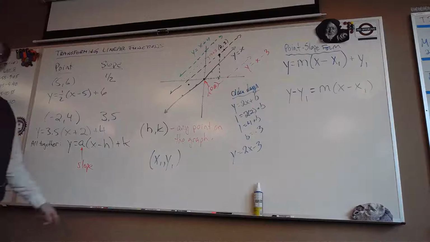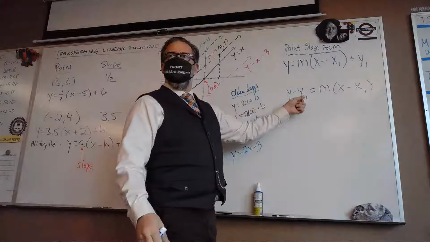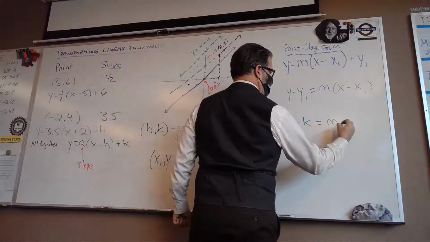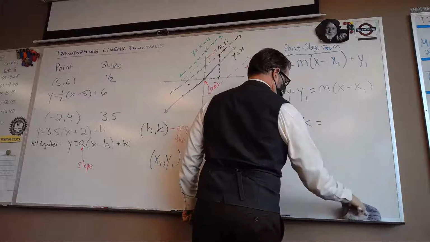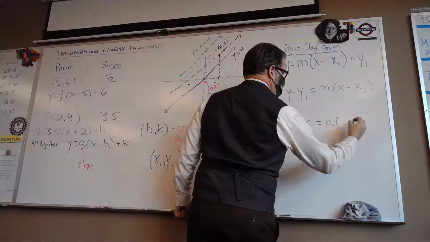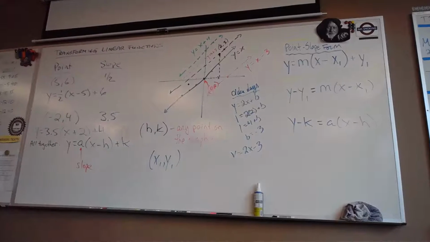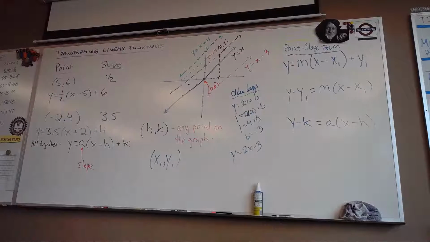But this is sort of interesting because we're going to be talking about something a little bit later today. And if I think about it a bit differently, you know the big long discussion we had about y minus k equals a(x minus h)? Oh, look, it's minus h and minus k.